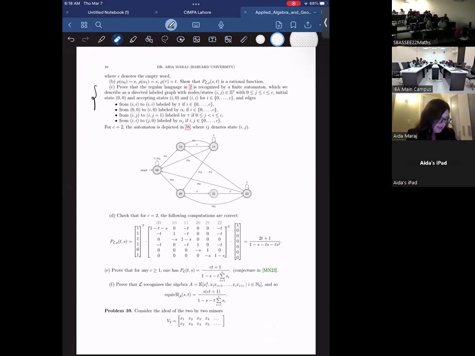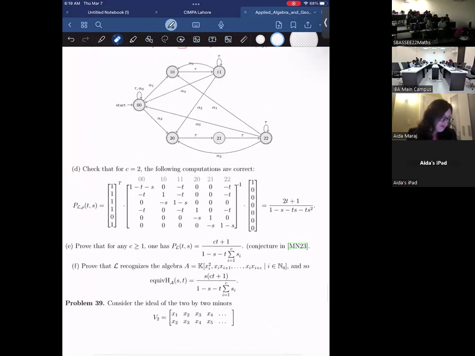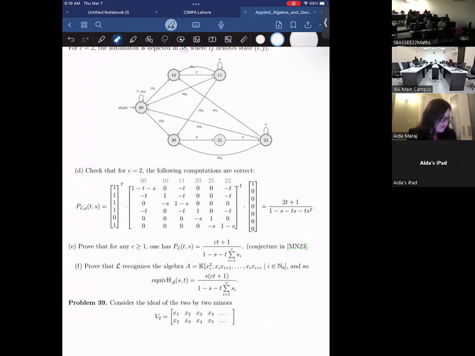And I've done a lot of computations for c greater than 2, and it's what I'm sharing here. So one needs to prove that for any c, that's the answer you get. You can also try yourself and check if your answer matches what I'm sharing.